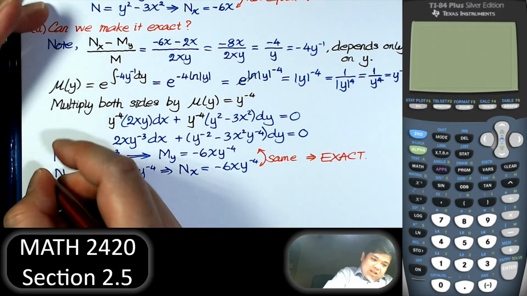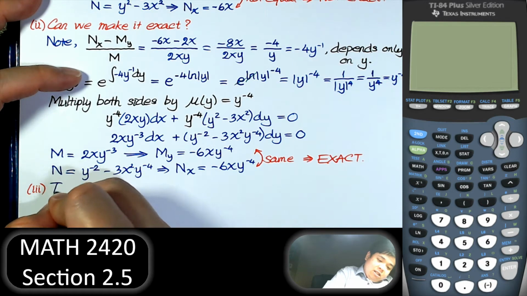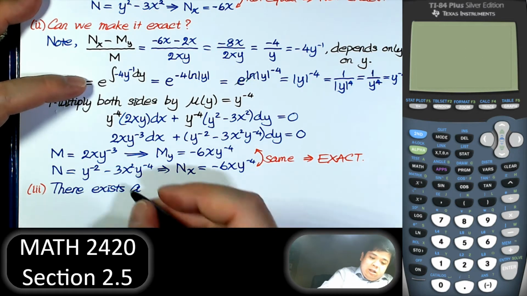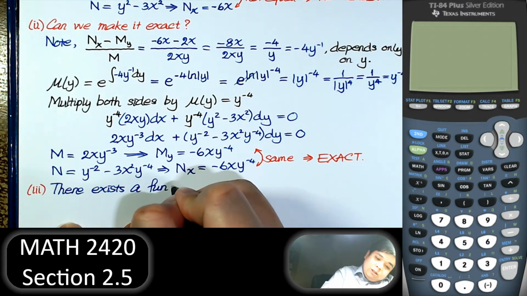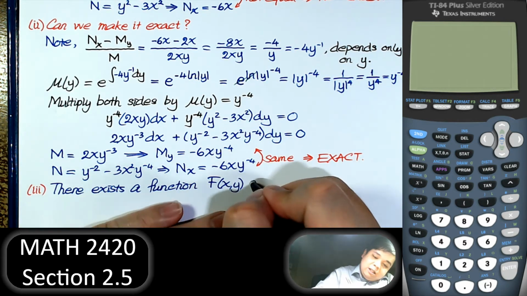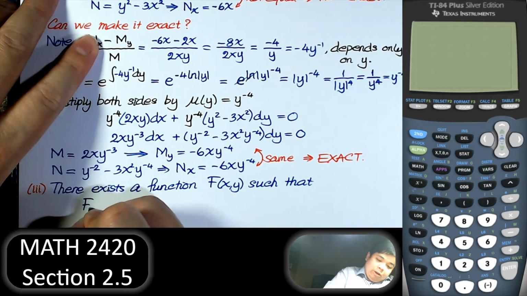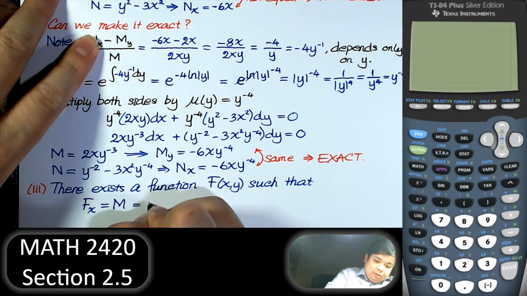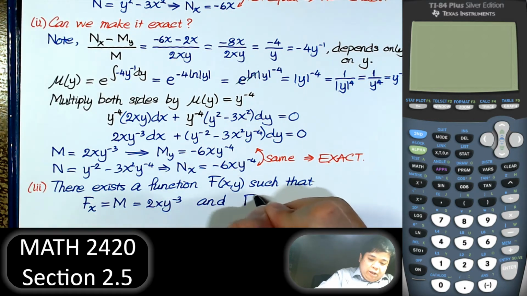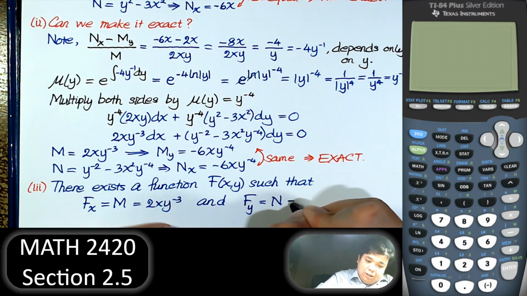So the next step is, because it is exact, we can say there exists a function f of x, y such that the partial derivative with respect to x is equal to M, and the partial derivative with respect to y is equal to N, which is this.